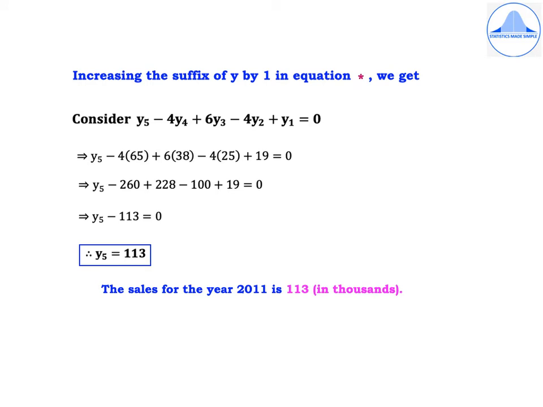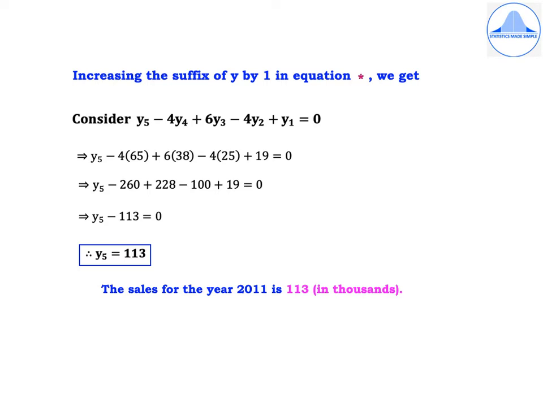To obtain the value of the next missing sales, increasing the suffix of Y by 1 in equation star, we will get Y5 minus 4Y4 plus 6Y3 minus 4Y2 plus Y1 is equal to 0, which implies Y5 minus 4 into 65 plus 6 into 38 minus 4 into 25 plus 19 is equal to 0, which implies Y5 minus 260 plus 228 minus 100 plus 19 is equal to 0, which simplifies to Y5 minus 113 is equal to 0.